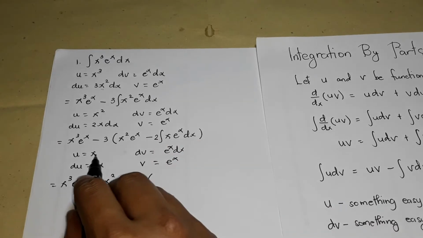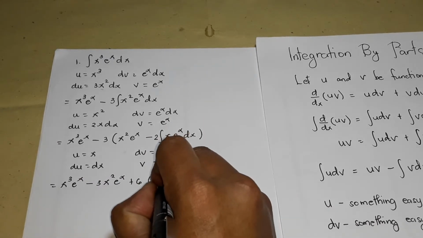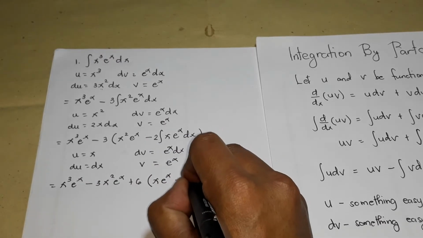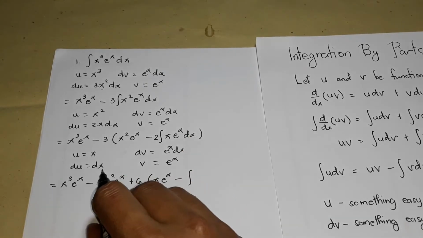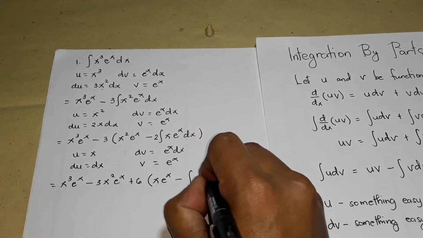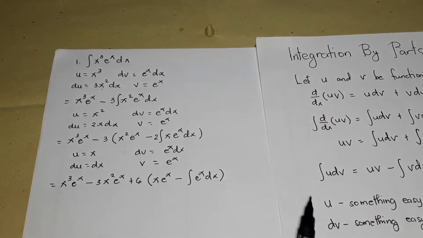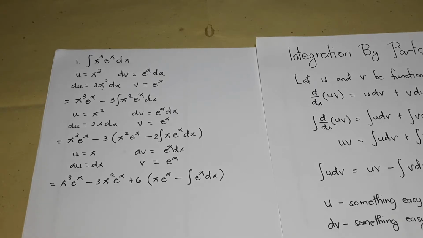So again, that's uv, x e to the x, minus the integral of v du. What you notice in the last part of the procedure is that the integral part only contains e to the x dx, which can now be integrated by the basic integration formulas for exponential functions.